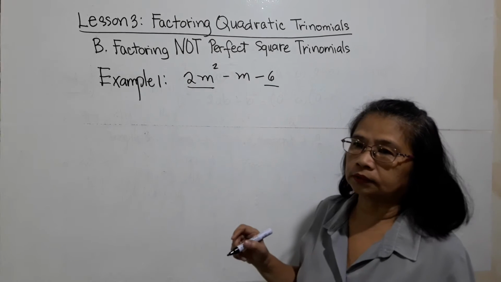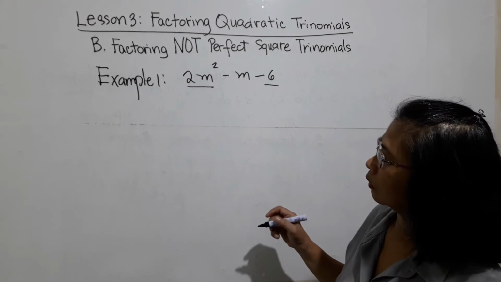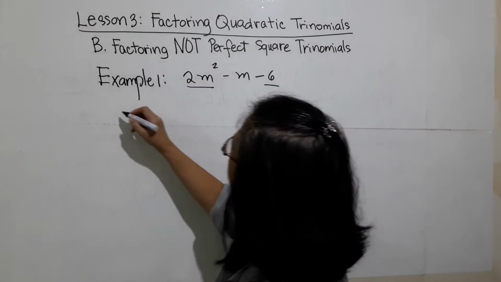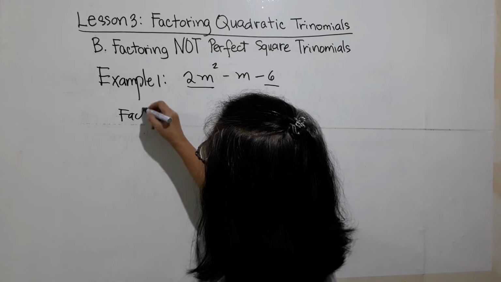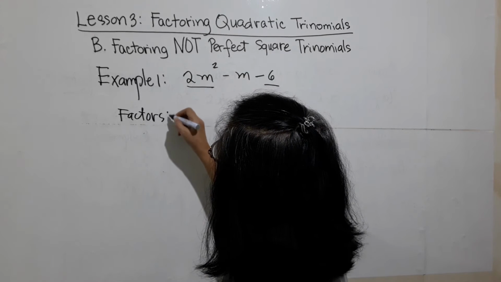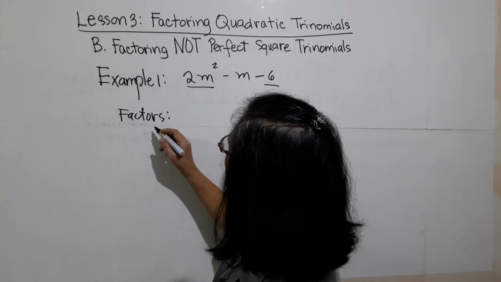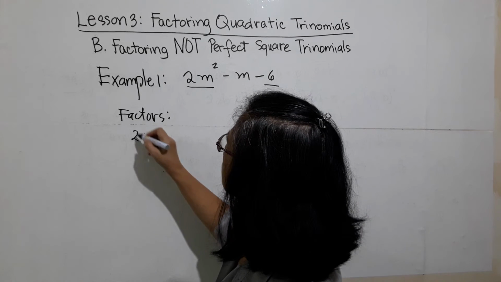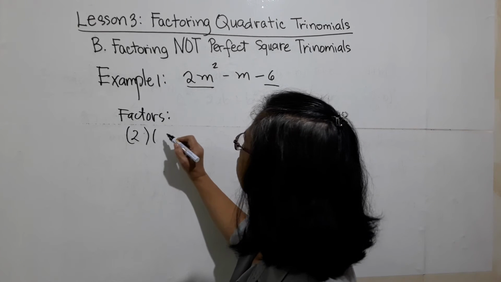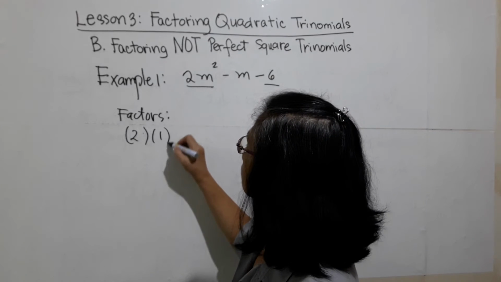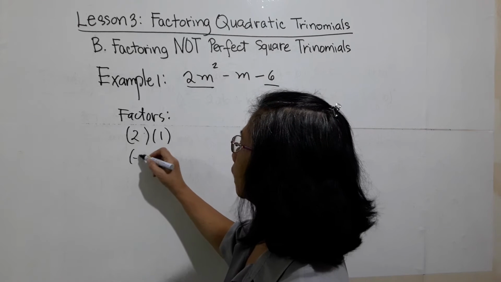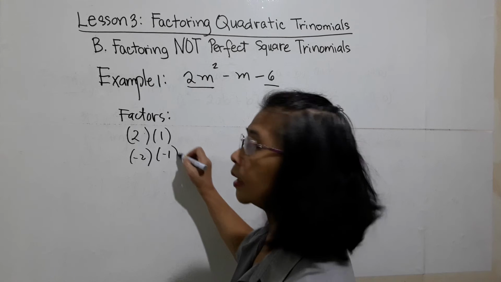Neither is 6. What are we going to do now? We first list down the factors of 2. So we have what? Factors of 2 are 2 and 1. Or it could be negative 2 or negative 1, right?